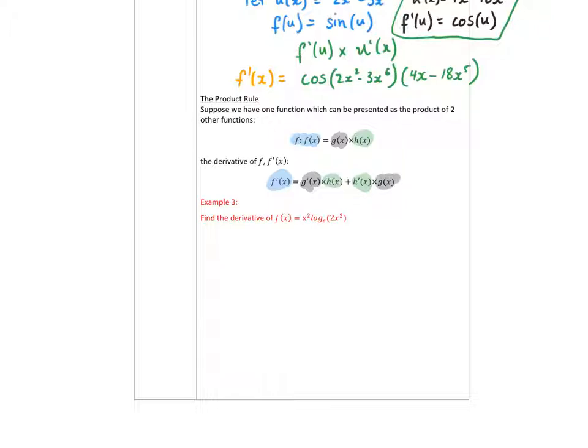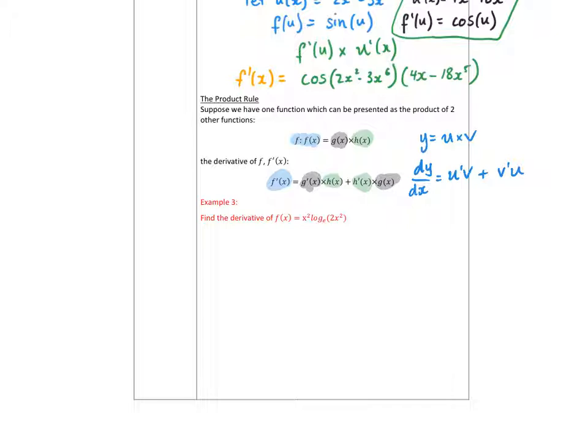Now, using functional notation, this can get a little bit tricky, so we normally remember this as saying, suppose y equals u times v. Well, dy dx, the derivative, is equal to u dash v plus v dash u. The derivative of the first times the second function itself plus the derivative of the second times the first function itself.